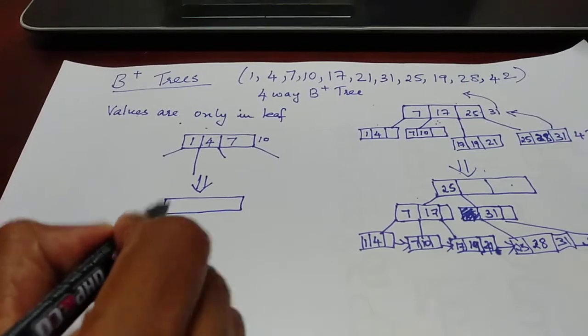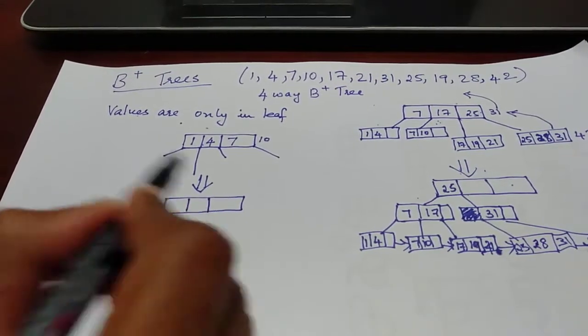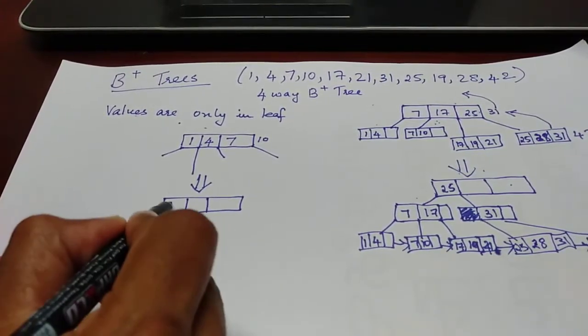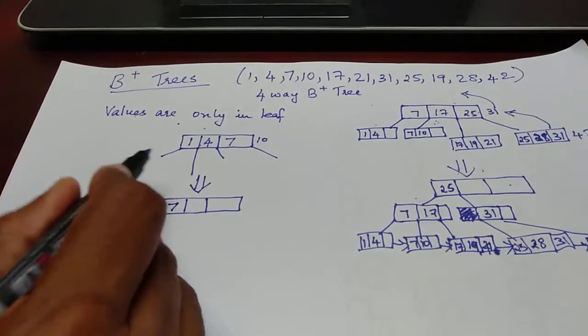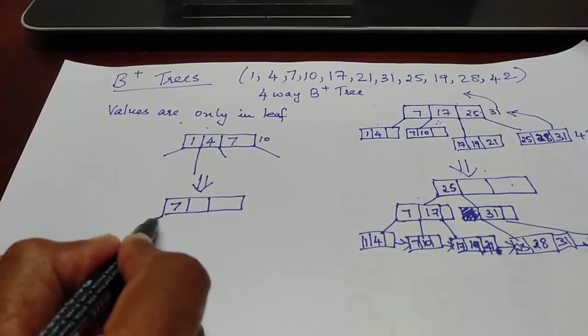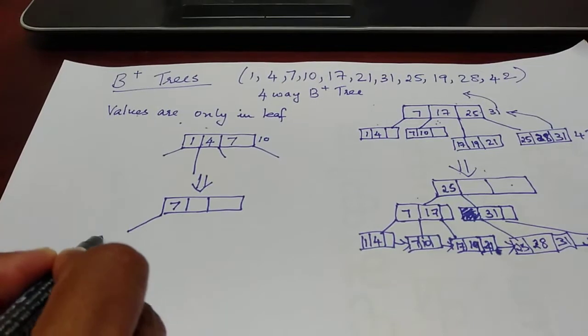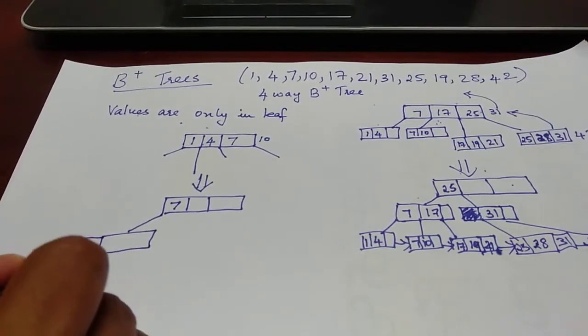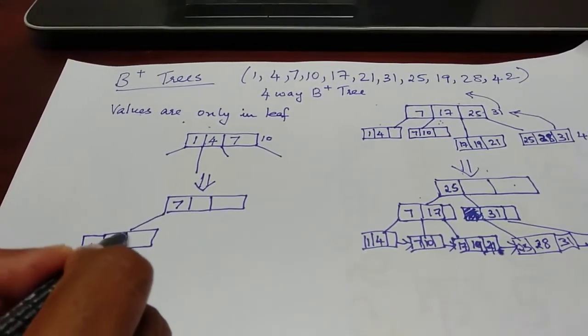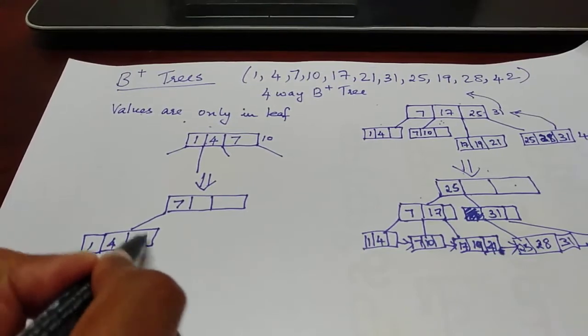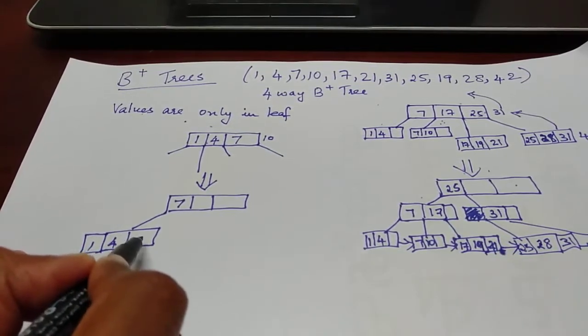So I have got the root with only 3 elements possible. 7 is the element which I am taking up, and to the left of 7 I have got 1, 4, and there is space for one more element.